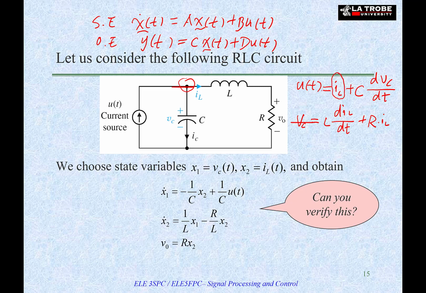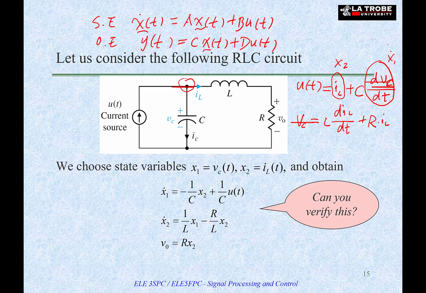You need to recognize iL is simply x2, and C dvC/dt is x1 dot.